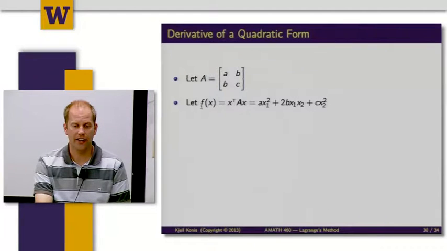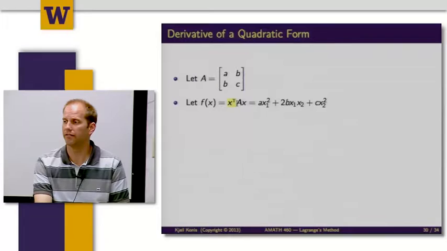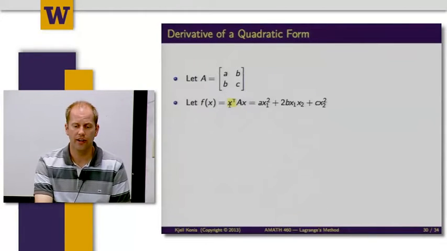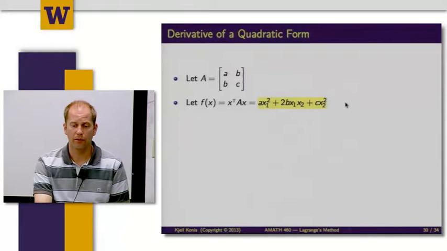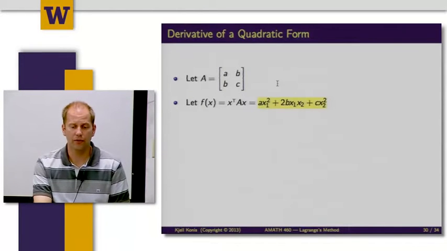And then I'll define f of x to be equal to, so x is going to be a vector of 2 elements, x transpose A x. And when I do that arithmetic, what I end up with is a x1 squared plus 2b x1 x2 plus c x2 squared.